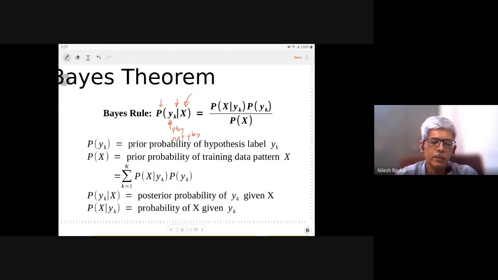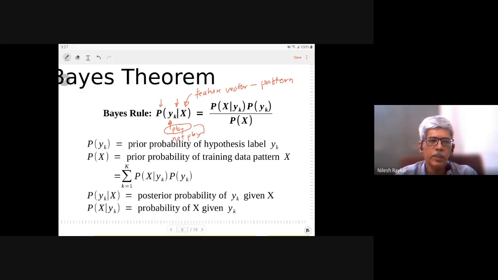Here x is a feature vector which represents some pattern of the features, for example a sunny day and so on. For that particular pattern, what is the probability that somebody will play tennis? Taking the same example so that it is easier to understand: if it is binary, then yk will have only two values.